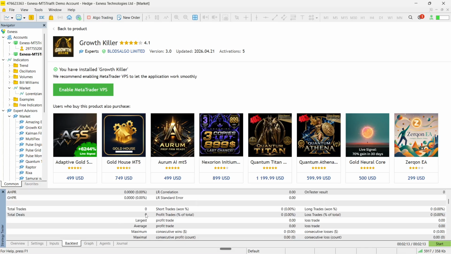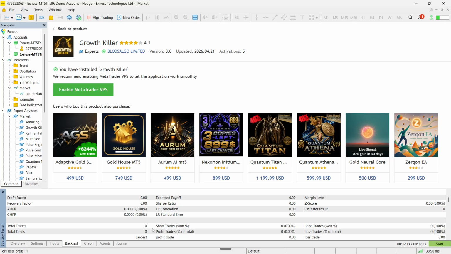A zero trade result can stem from strict filters, incorrect symbol or time frame attachment, missing daily or multi-time frame data, overly restrictive risk parameters, or simply that the chosen preset did not find qualifying conditions in the time period that is selected. It does not automatically mean the strategy is broken, but it does highlight that proper setup and data quality are critical.